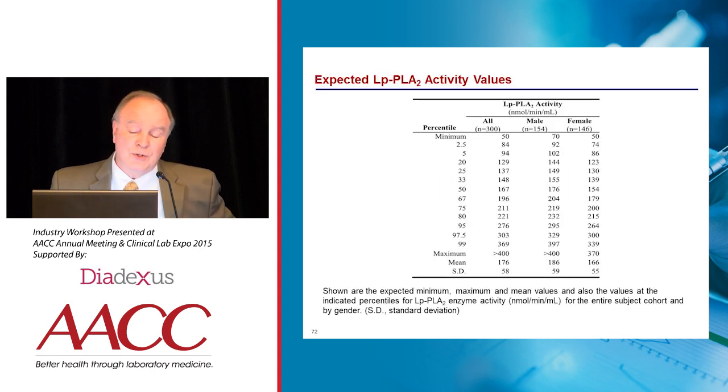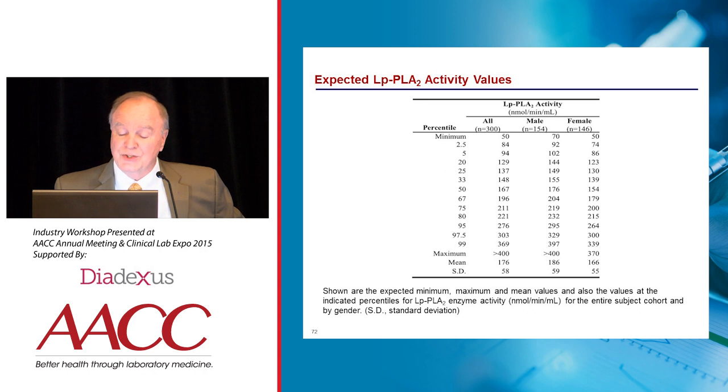The first study that we show here shows a normal range study. And you can see here it's a non-parametric distribution. We don't have Gaussian distribution, and there is a skew to the right. But you can see the cutoff on the low end is about 84 nanomoles of activity, and then up on the upper end we get 97.5 at around 303 nanomoles per minute, per milliliter.